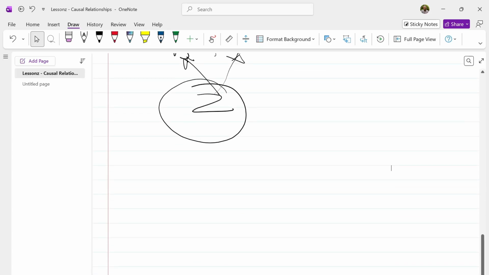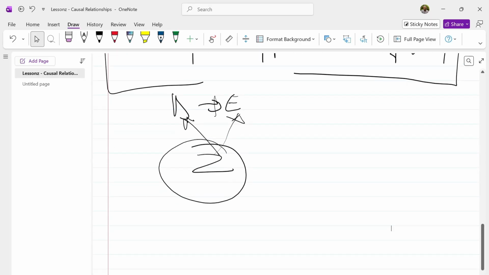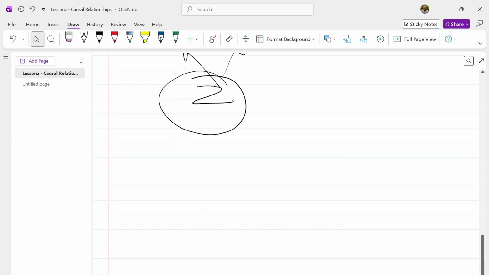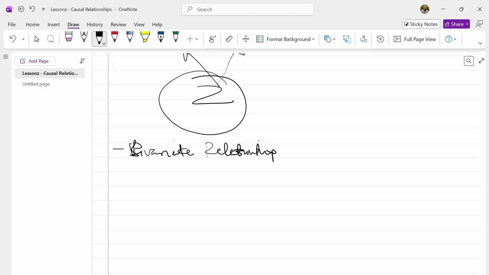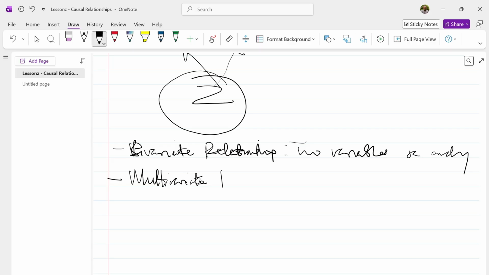As we go along in our research design, you're going to see that your initial theory is something we call a bivariate relationship, meaning that there are only two variables in play here, your X and your Y. The second thing is a multivariate relationship, which is usually the case because several roads lead to Rome.